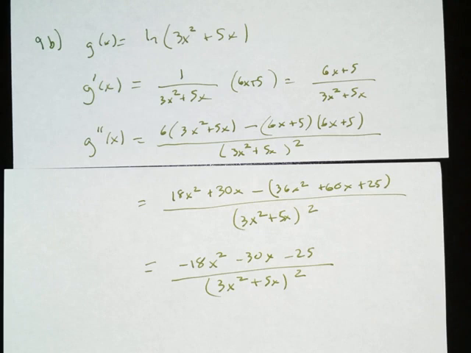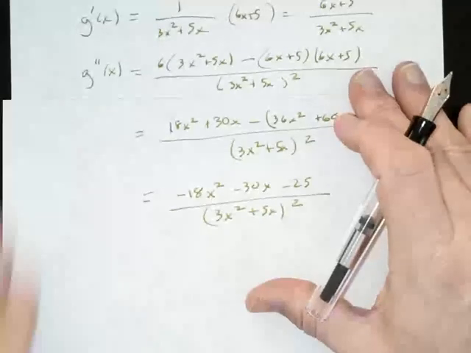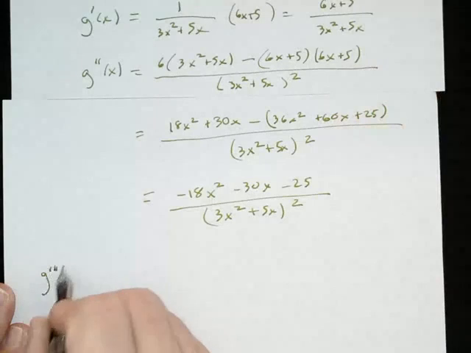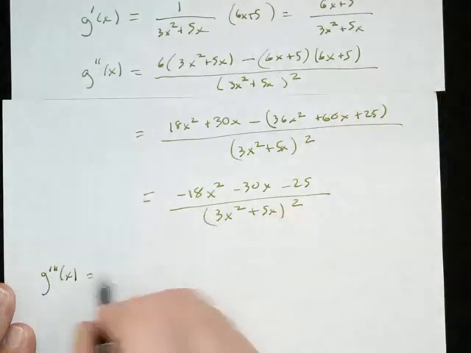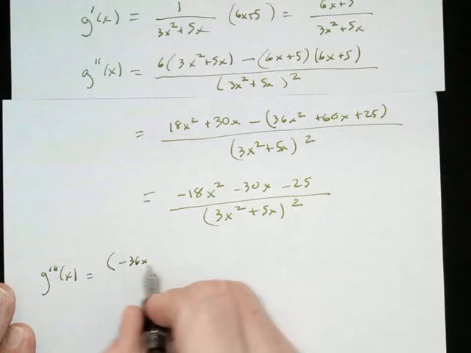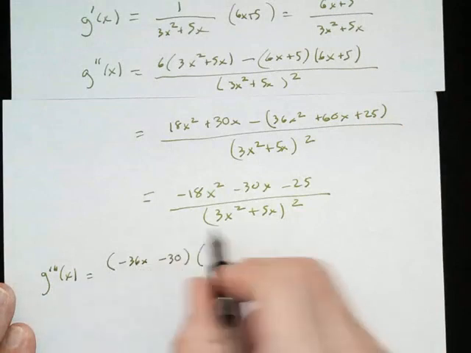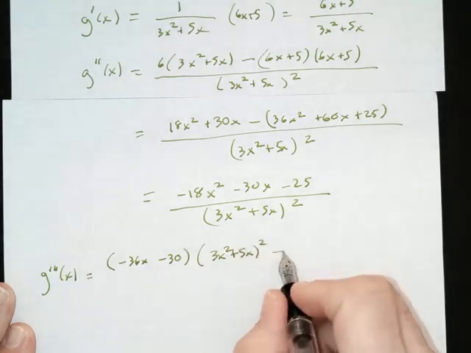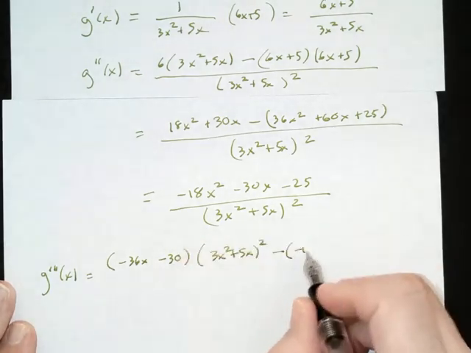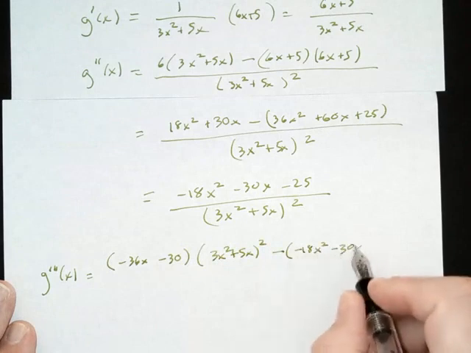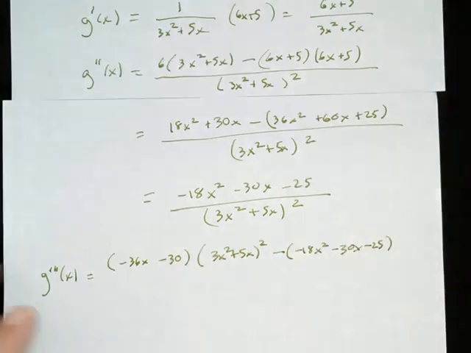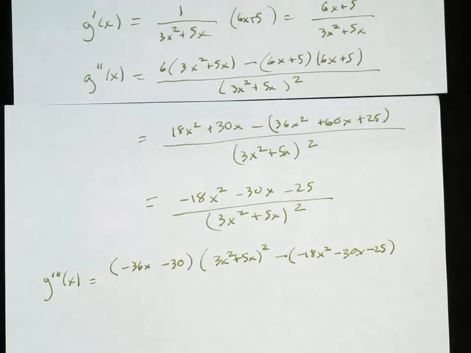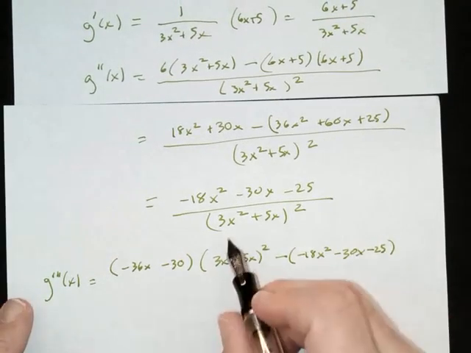I'm very happy that this is where I can stop because I'm going to take this derivative and not simplify a damn thing. The third derivative, derivative of the top times the bottom minus, leave the top alone, take the derivative of the bottom. I'm going to run out of room, so this is going to go slightly underneath, but it should be on the same line. The bottom is stuff squared.